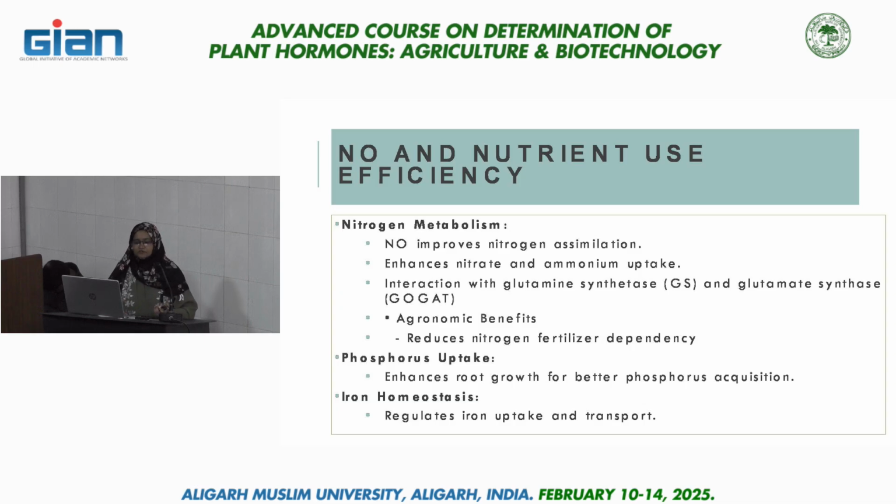In a similar way, it also increases potassium use efficiency, as NO regulates potassium uptake by modulating the activity of potassium transporters, that is the HAK and KUP families, and NO protects plants from K plus deficiency-induced oxidative stress by activating antioxidant enzymes. Besides this, iron and micronutrient use efficiency is also increased by nitric oxide.